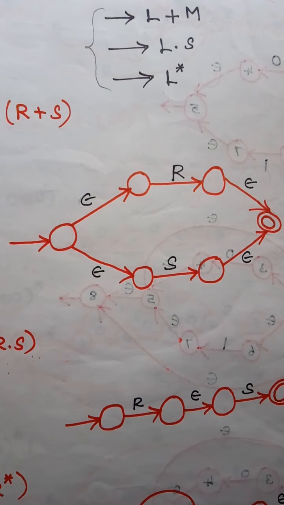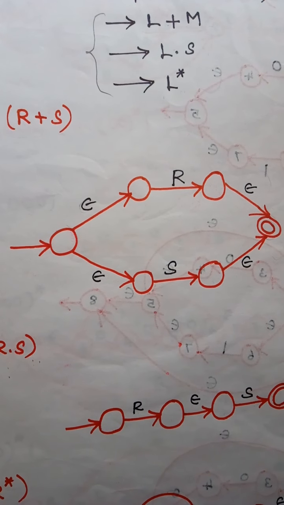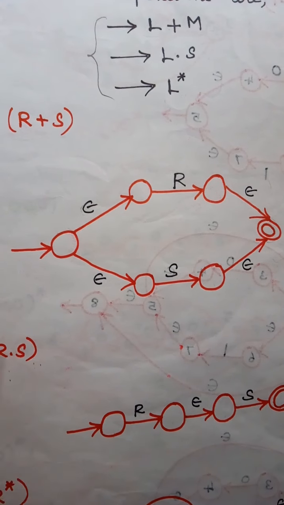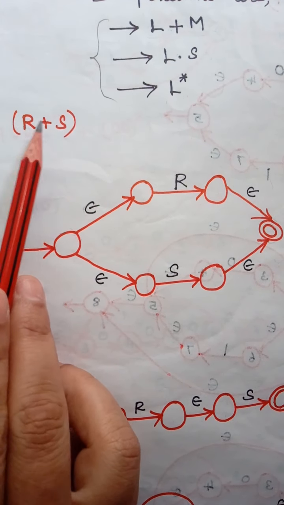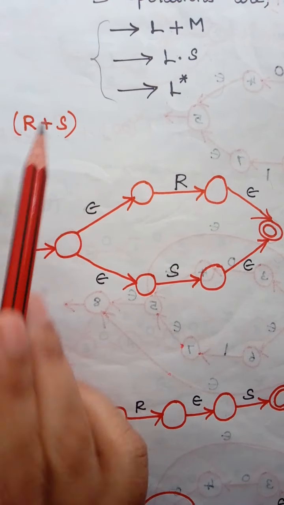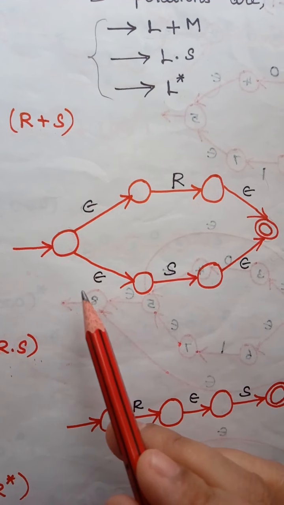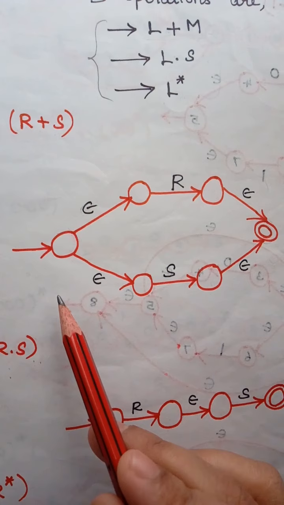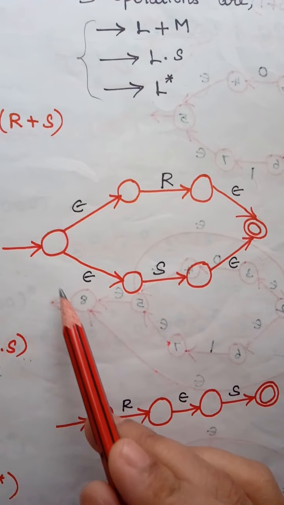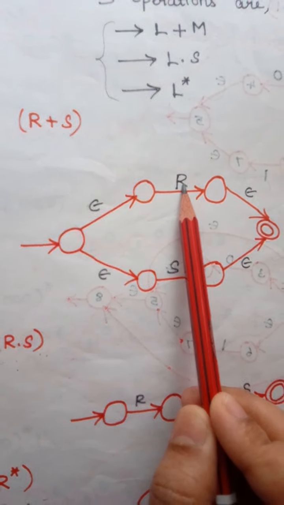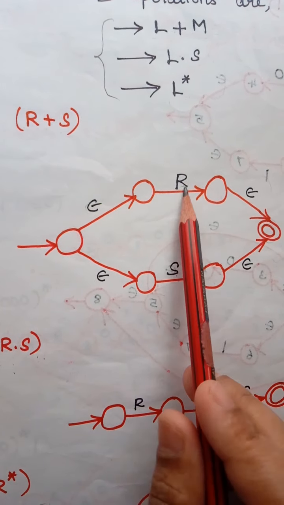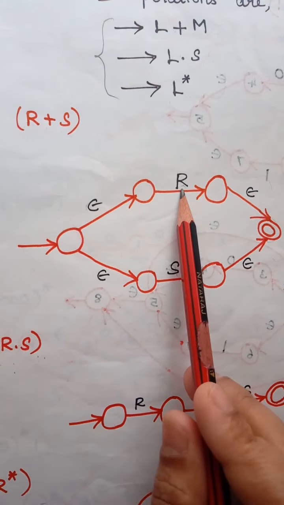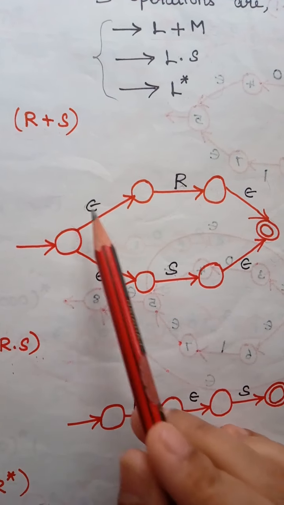For converting a regular expression to NFA, this is the basic. Whenever a union operation is given, that is R plus S, then this is how we have to construct our NFA with epsilon move.